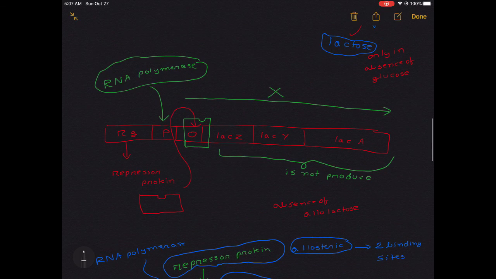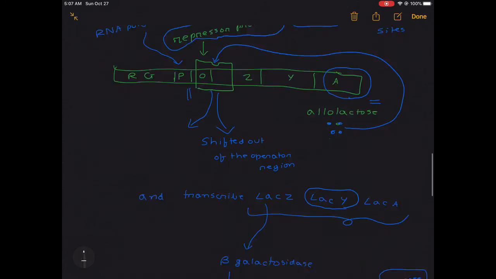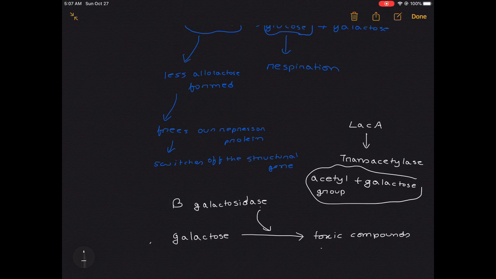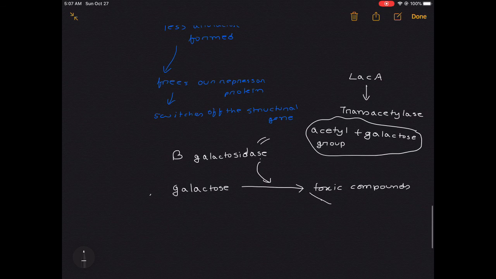Now Lac A was this part of the Lac Operon, and it codes for the enzyme trans-acetylase. This trans-acetylase adds an acetyl group to our galactose. And this acetylation prevents it from being cleaved by beta-galactosidase. Hence, toxic compounds do not build up within the bacterium.